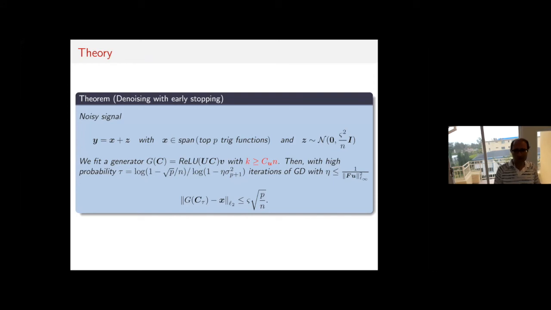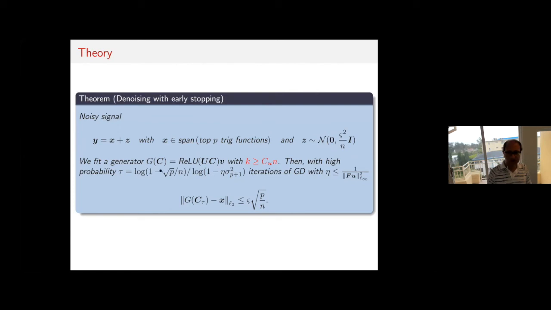Now that I've told you what the signal structure and the architecture are, let's go to the main theorem. Here's the theorem for denoising. Say you have a noisy signal, signal plus noise, and the noise is Gaussian. The signal spans the P lowest frequency trigonometric functions.